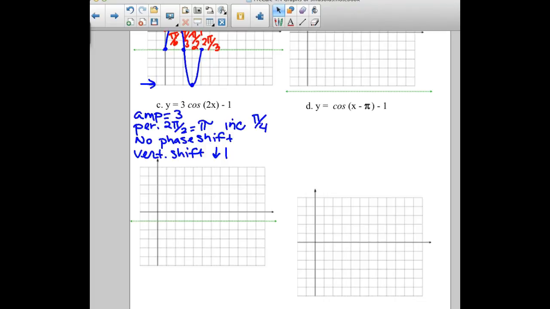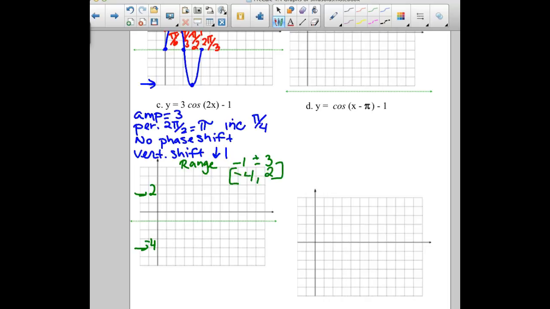Where do we land if we go 3 up? We land here at 2. And if we go 3 down from our dotted line, we're at -4. Okay, so our range, again, can be found by taking our k value and adding and subtracting our a value. So we are getting -4 to +2 as our range.